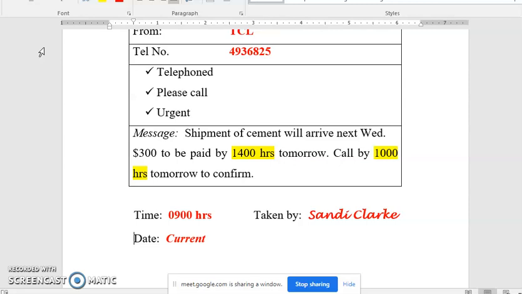All right. So in this case, the receptionist would either hold on to the message form and, when Mr. Tim comes in, hand it to him as soon as he comes in, or leave it on his desk so that when he comes in, he can attend to this matter. And that is how the telephone message form assists the receptionist in carrying out her duties of receiving and delivering messages in the organization.